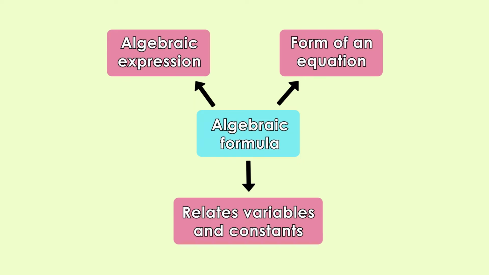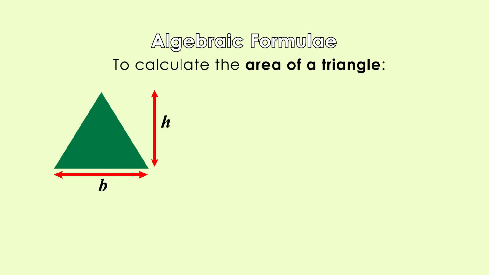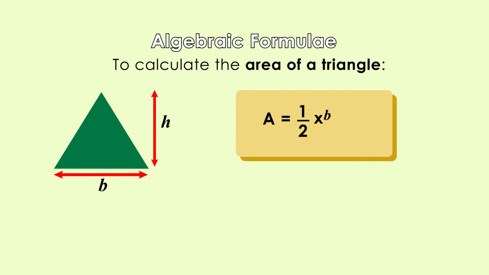Dear students, let us see this example. This is an algebraic formula. To calculate the area of a triangle, we usually use the formula A equals 1 over 2 times B times H, which is the area of the triangle equals 1 over 2 times the base B and the height H of the triangle.